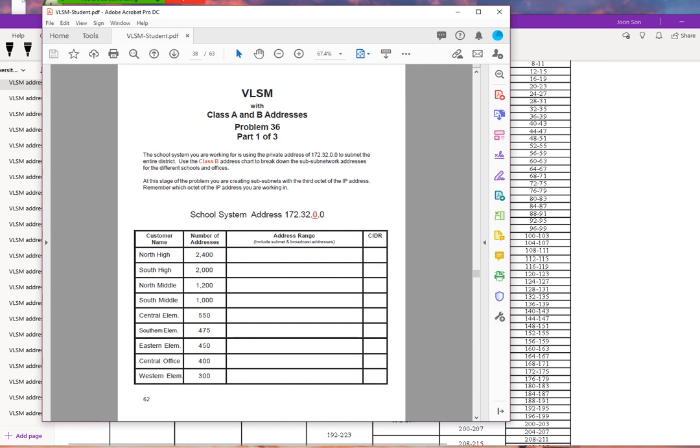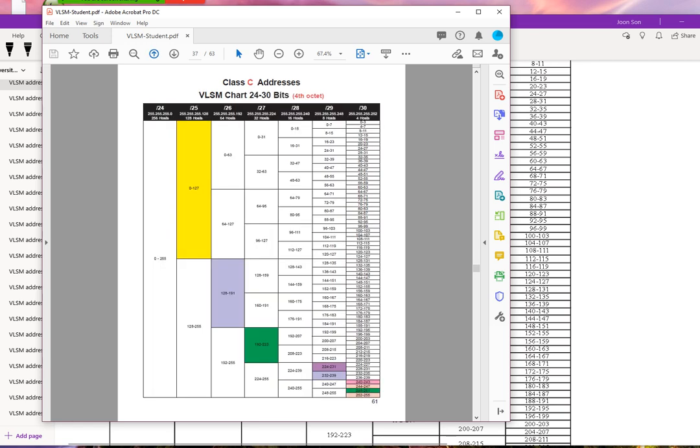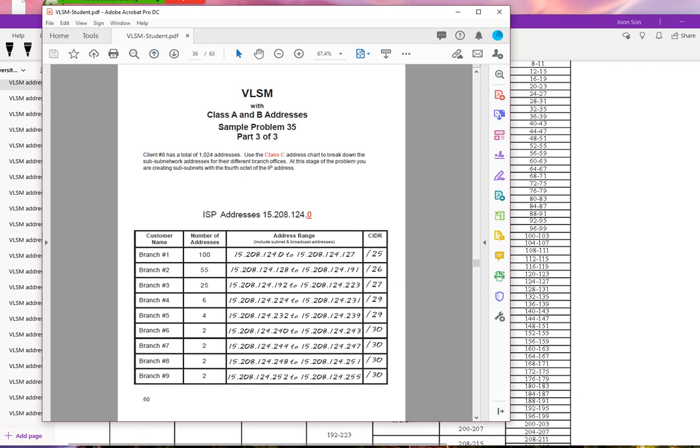So I think this is probably the high school or middle school name. Sorry, the branch number 1. The branch number 1 requirement is 100, right? So this is the right size for the class C.